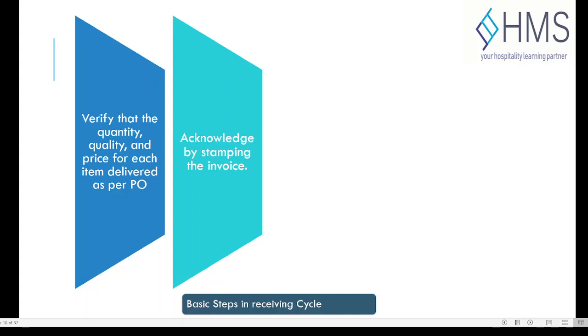Receiving has to stamp every single invoice they receive, so that there is no bypassing of the process, where there may be no PO, or a direct receive by the department, and the invoice is passed directly to the accounts payable department for payment, right? That should not be happening, because if the item is not stamped by the receiving department, it means that it has not been received.